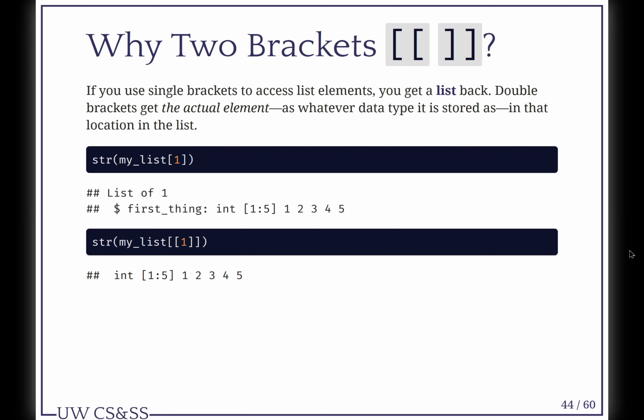So if we said structure my list and subset to just, with a single bracket, number 1, it would be a list of 1 with first thing as its name, an integer vector with 5 elements. Whereas if we said structure my list double bracket 1, we get the actual element as it is stored. So we get the vector of 1 to 5.